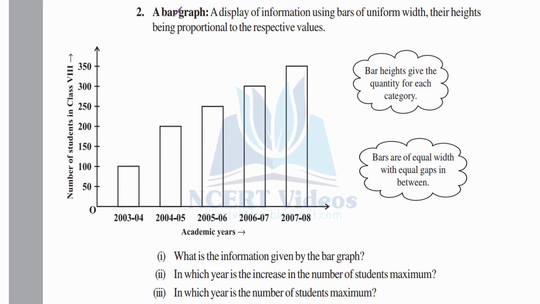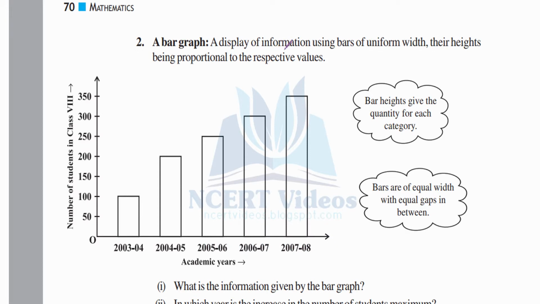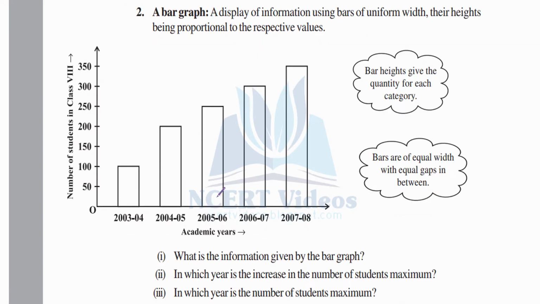The second form we studied in the previous standard was a bar graph. Therefore, a display of information using bars of uniform width, their heights being proportional to their respective values, is termed as a bar graph. So if you observe here, we are provided a bar graph. Let's inspect it. This is called the x-axis, and this is called the y-axis.